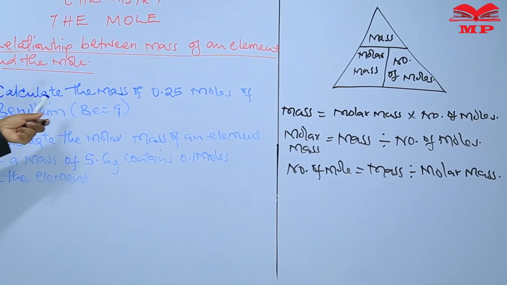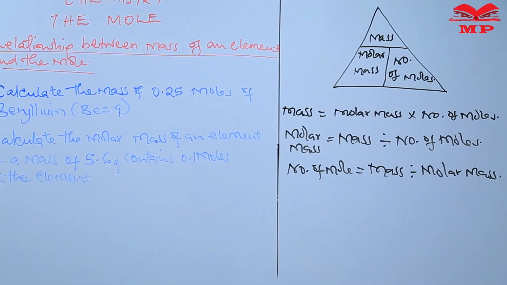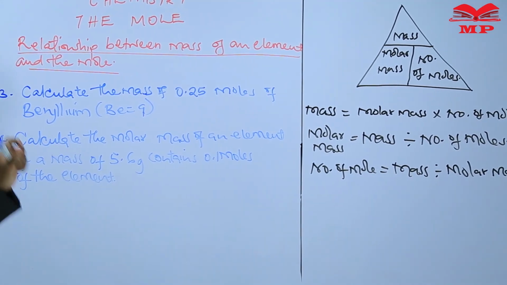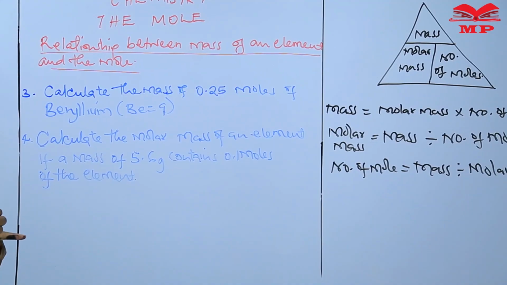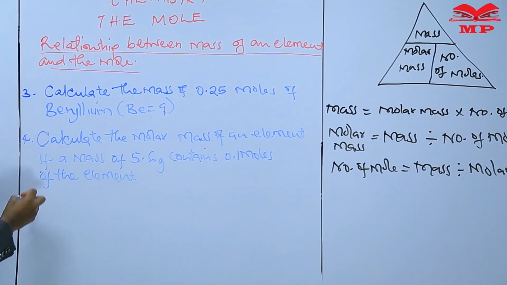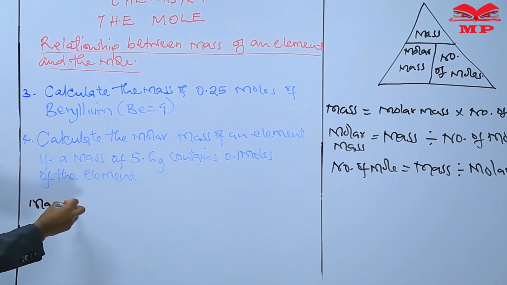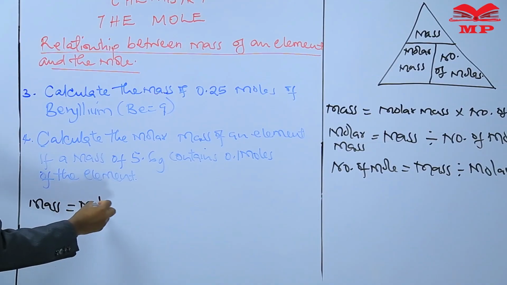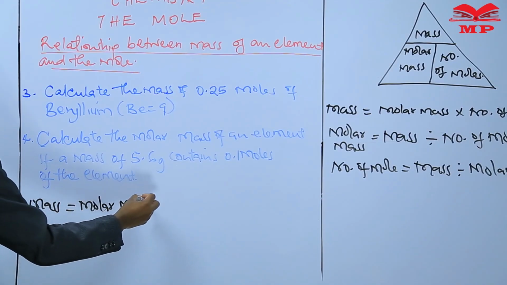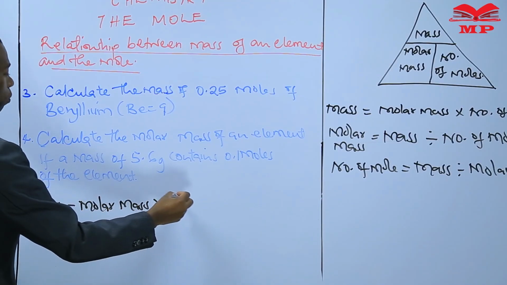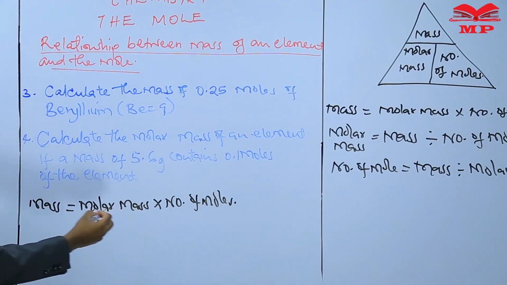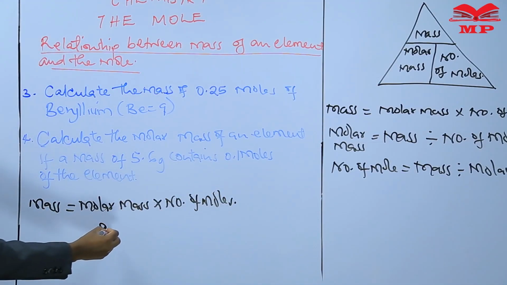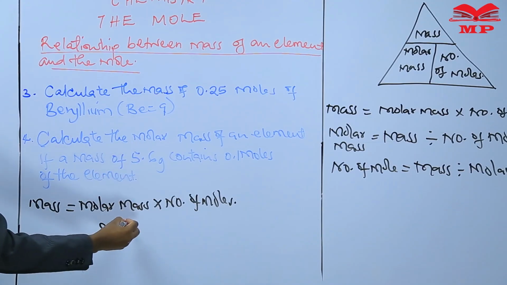And therefore, in question number 3, you're supposed to calculate the mass of 0.25 moles of beryllium. So the mass is given by the molar mass, you multiply by the number of moles. The molar mass is 9, multiply by the number of moles, which are 0.25.